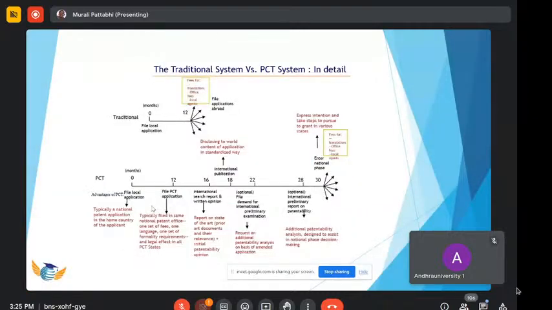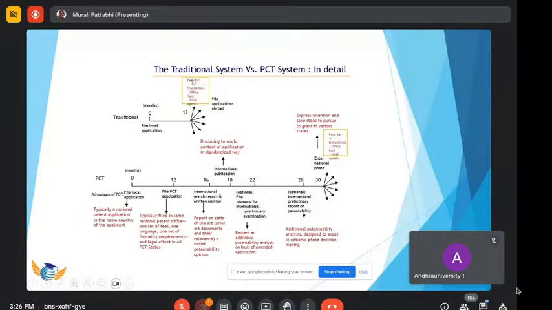Now we have seen the flow of patents in the Indian Patent Office. Yesterday we discussed in detail this PCT application. There are two ways of filing. One is the traditional or conventional filing system, where from the date of filing, within 12 months, you have to file in all the countries where you want to file.